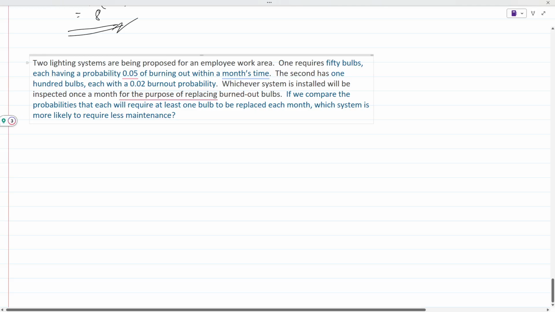If we compare the probabilities, which will require at least one bulb to be replaced each month, which system is more likely to require less maintenance? So, alin daw dito yung mas mababa yung probability ng maintenance?